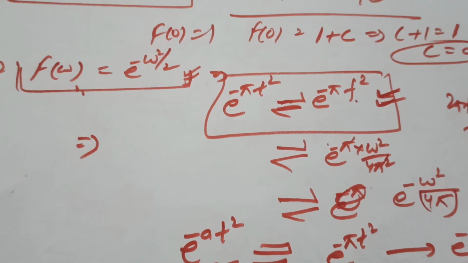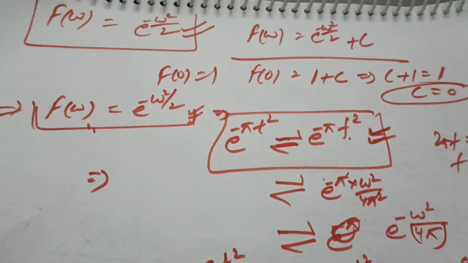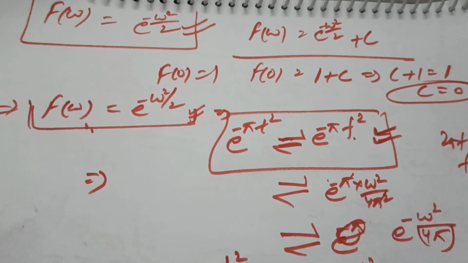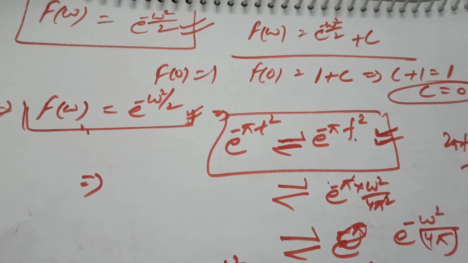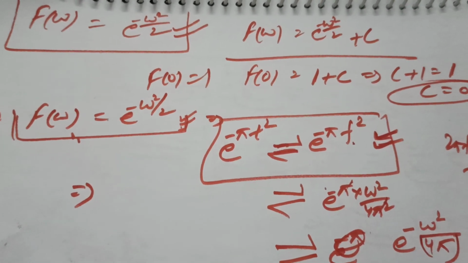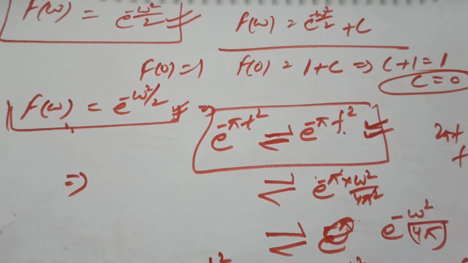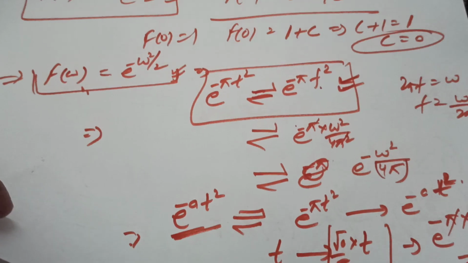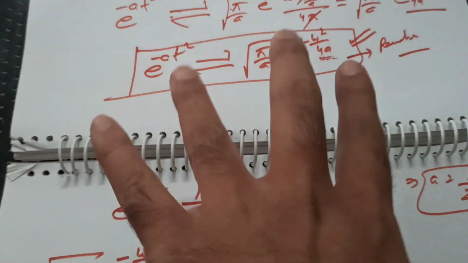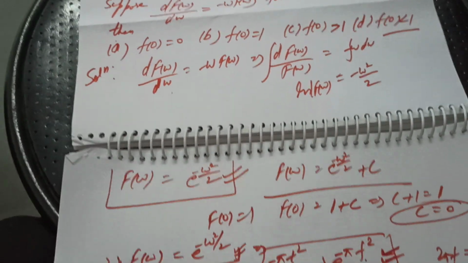Although I remember it is under root pi by a, e to the power minus omega square by 4a, which should be remembered, I am not going to simply use this. I am going to deduce this expression.